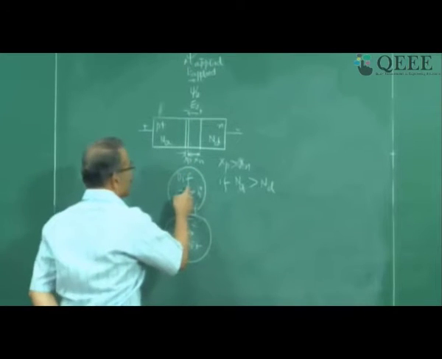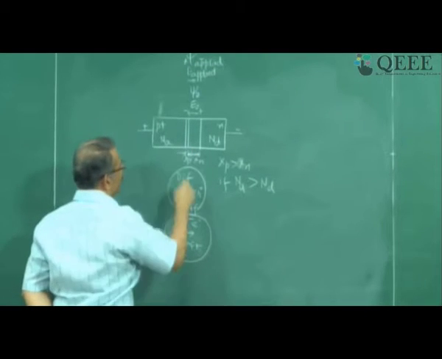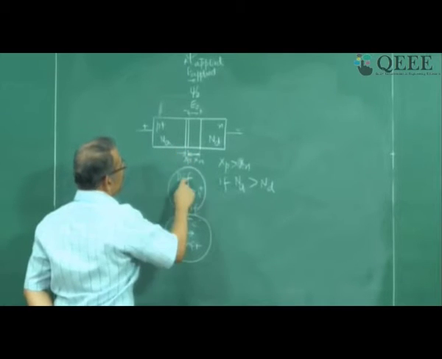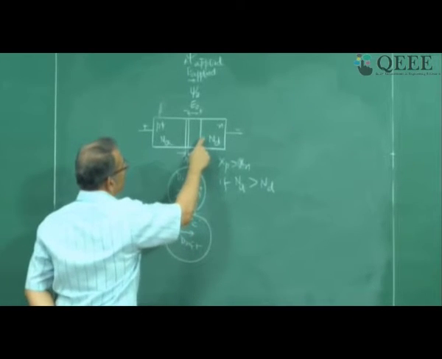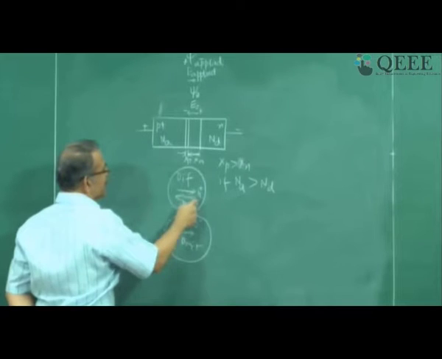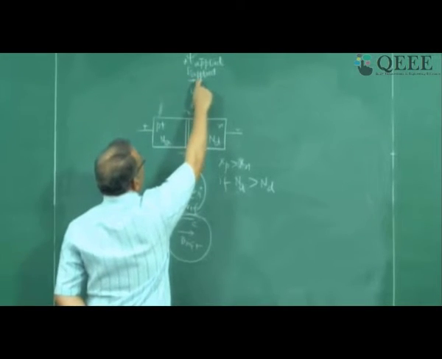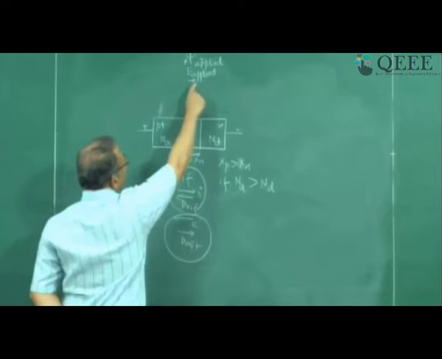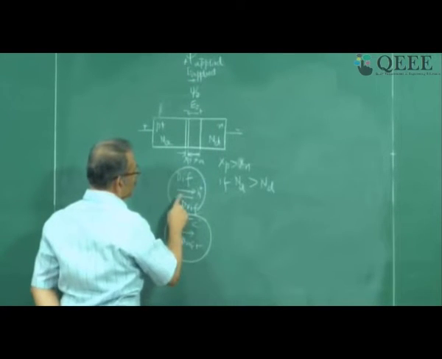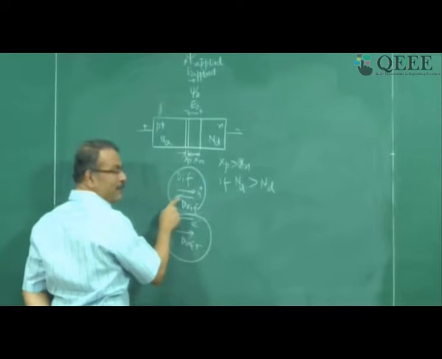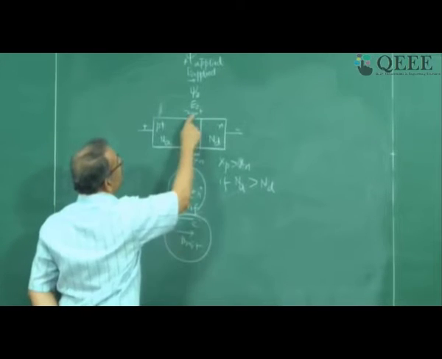You can see here, under equilibrium we said for holes the diffusion tendency from left to right was exactly balanced by drift tendency from right to left. Now you applied an electric field from left to right, so this electric field will oppose the drift, because drift was right to left in equilibrium because of this.